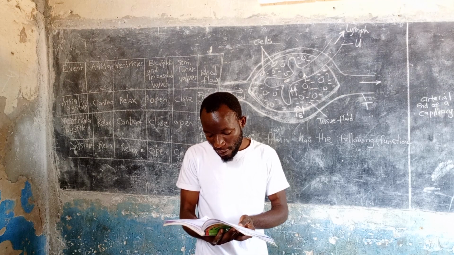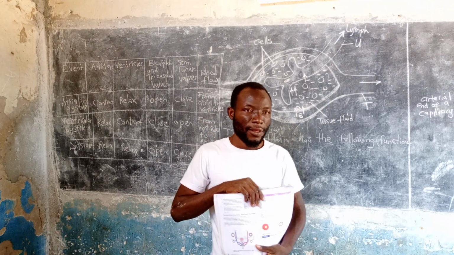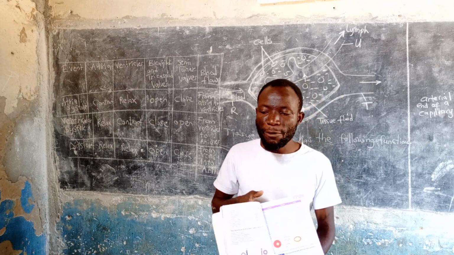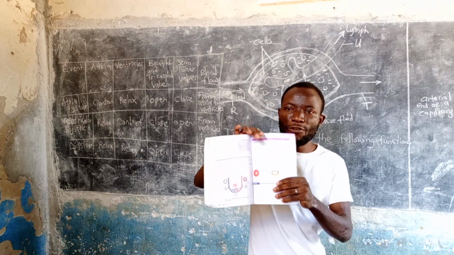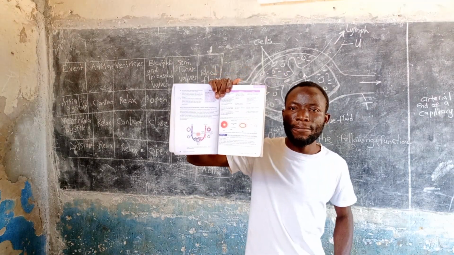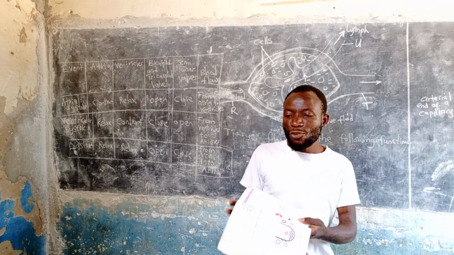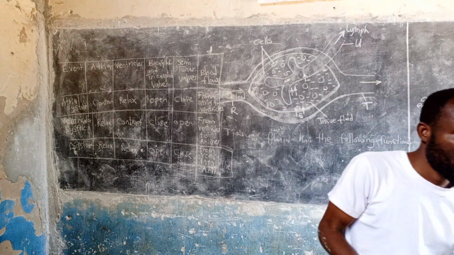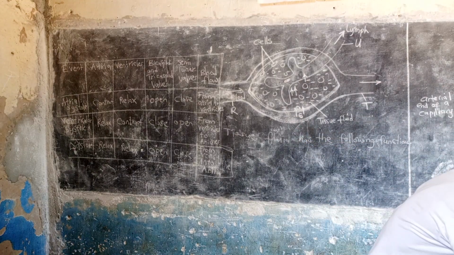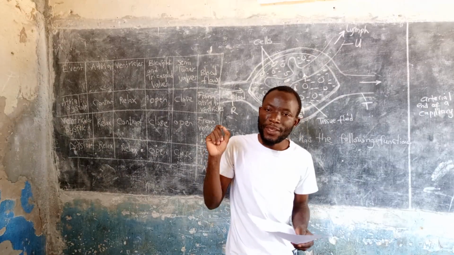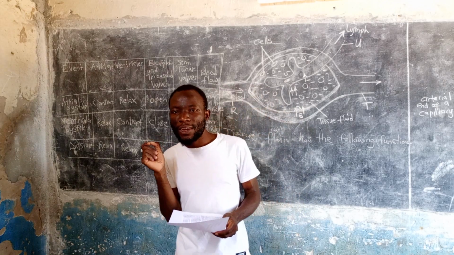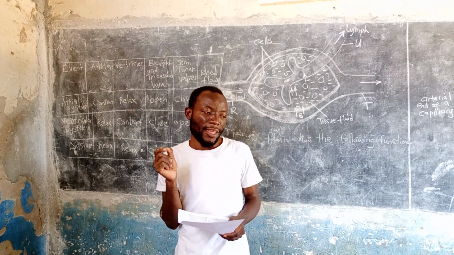Okay, so the lumen. The lumen is the tube where blood passes. Are people able to see? All right. Now the lumen becomes very narrow if there is a lot of fatty deposits in the blood. Are we together?